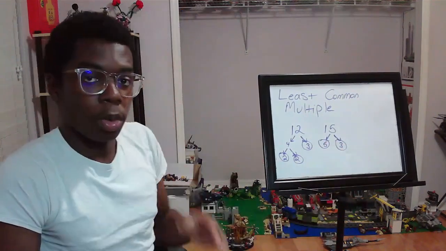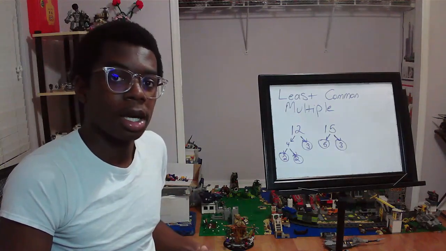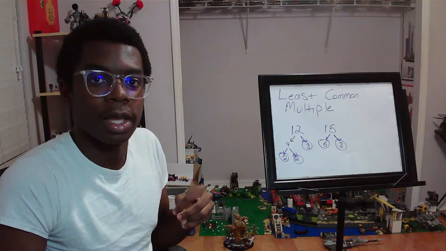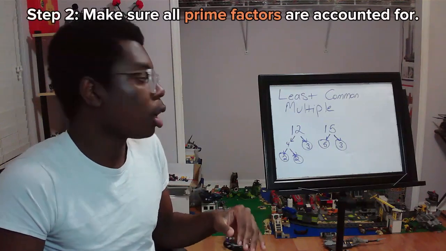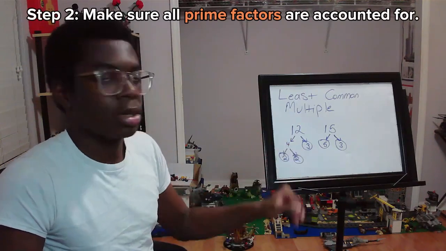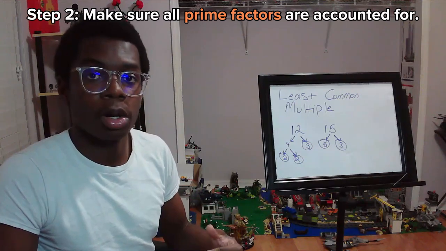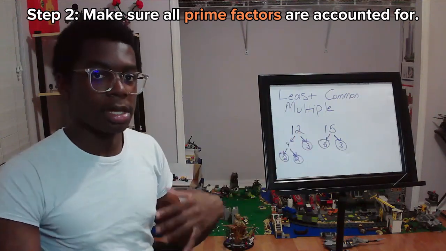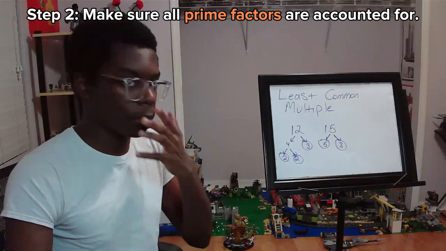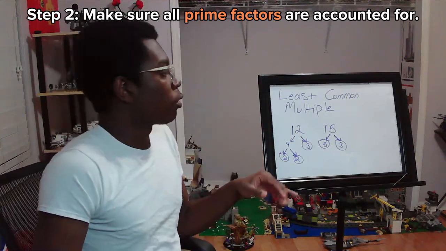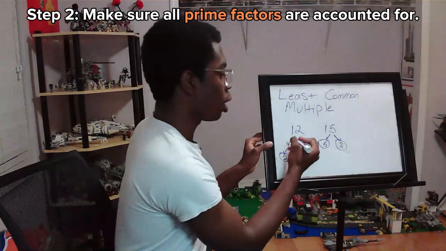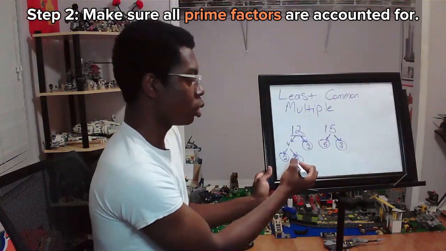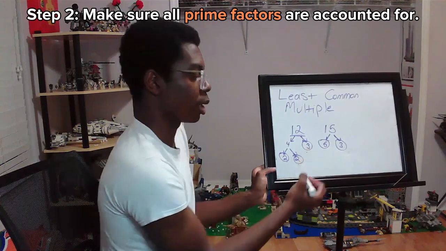So when we're trying to find the least common multiple, what I like to do is try and think of the bare minimum of the prime factors that need to be a part of our multiple to satisfy both these numbers. That's a lot of words, but let me show you. So for our number to be a multiple of 12, it needs to have a 2, another 2, and a 3.